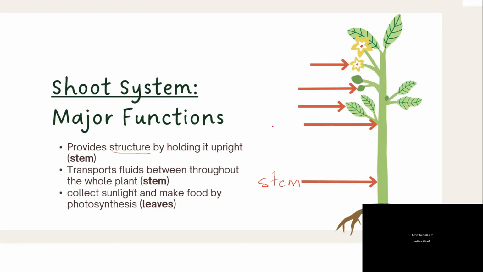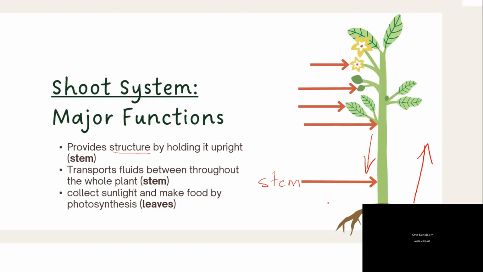Again, you can see here that the other function of the shoot system is to transport fluids throughout the whole plant. It transports fluids from the roots going up, and it also transports fluids from the leaves going down.